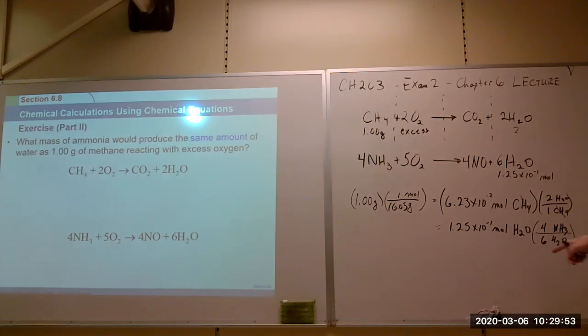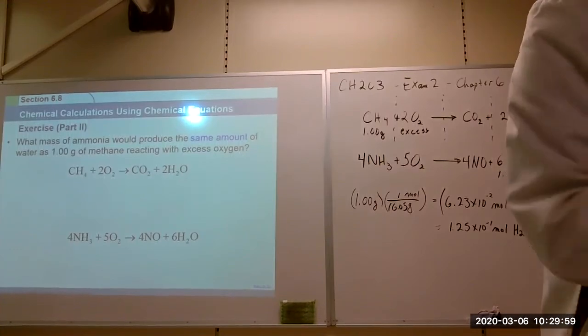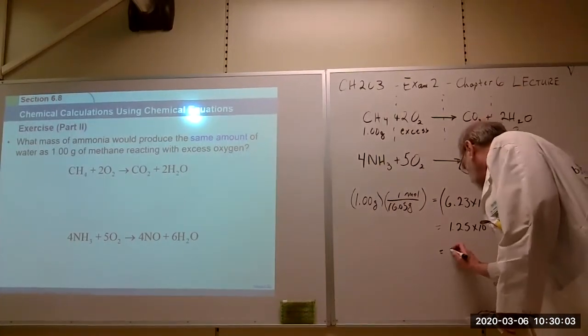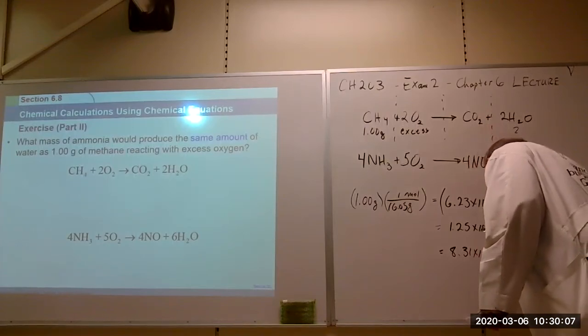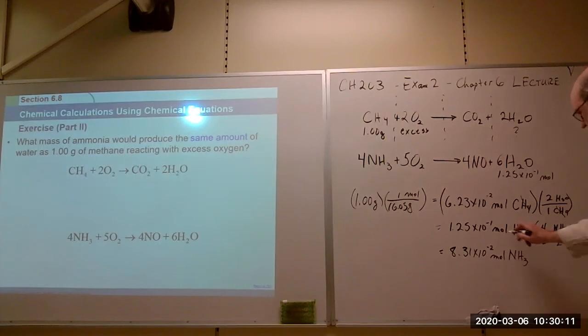So 2/3 of that value is 8.31 times 10 to the minus 2 moles of ammonia, because that one canceled that one, leaves us with moles of ammonia.